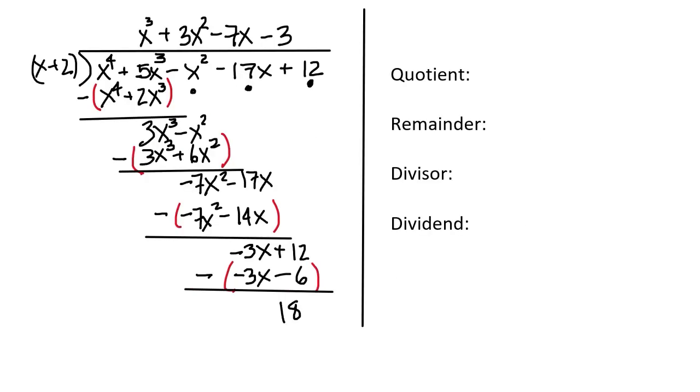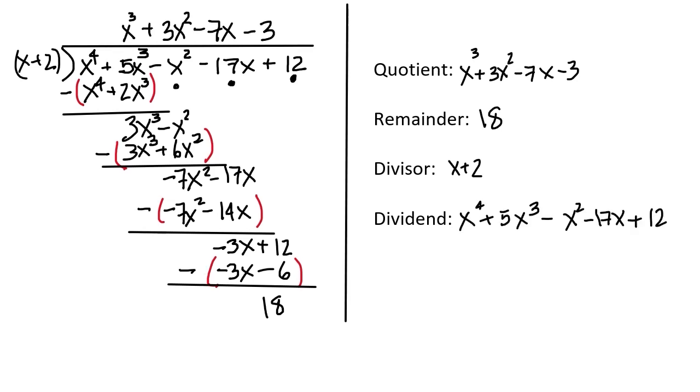So the quotient is x cubed plus 3x squared minus 7x minus 3. The remainder is 18. The divisor is x plus 2. And the dividend is f of x, that which is divided into, so x to the power 4 plus 5x cubed minus x squared minus 17x plus 12.